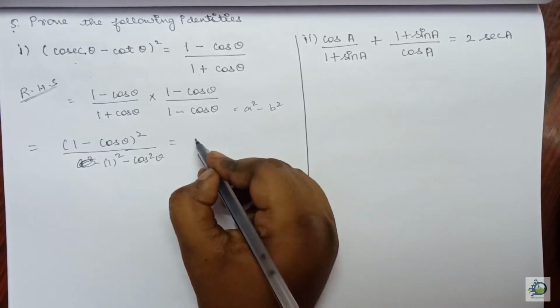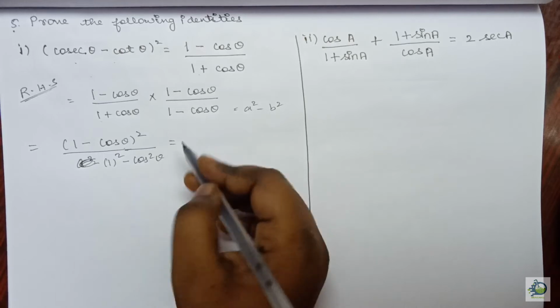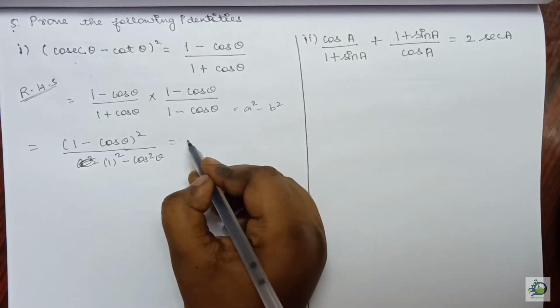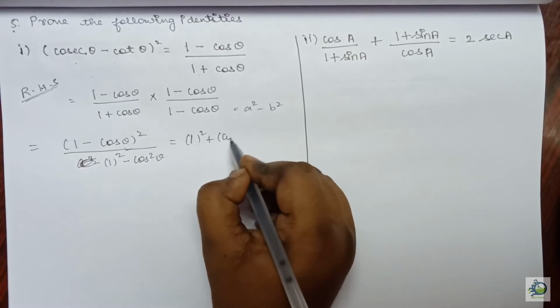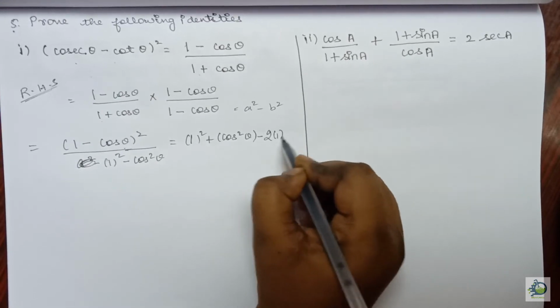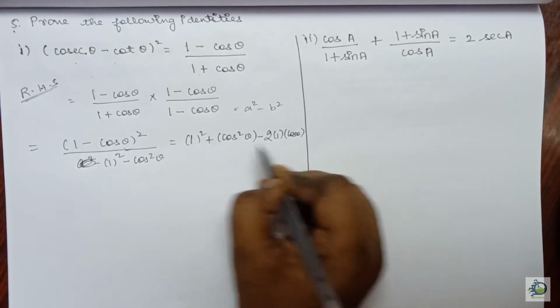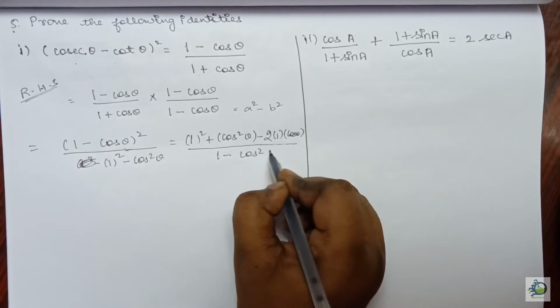Okay, which means here I can expand according to a minus b the whole square. This can be written as a square plus b square minus 2ab, and similarly here it is 1 minus cos square theta.